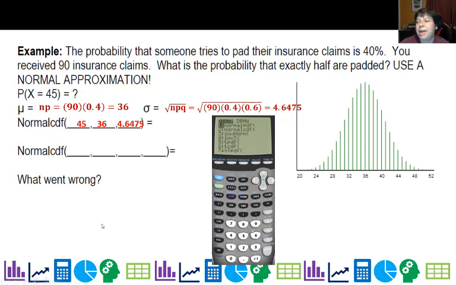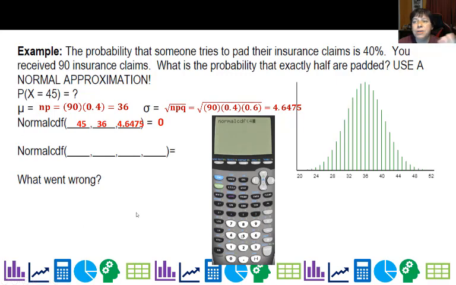So what do I get when I put that in the calculator? I do second distribution to get to normal CDF. This is an older style calculator, so I have to separate my values with commas. And finally, after I get this long standard deviation in, what do I get for the probability? This one gives me 0. So I get 0.